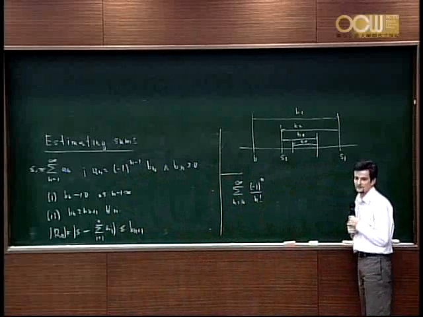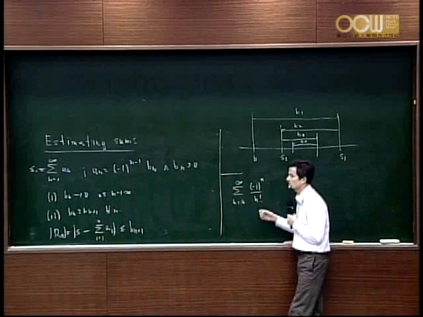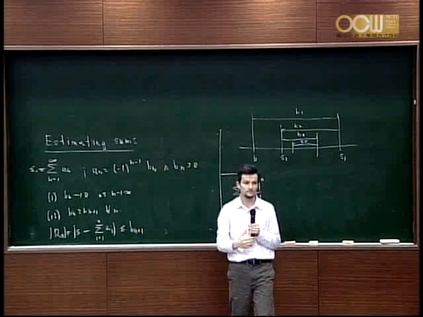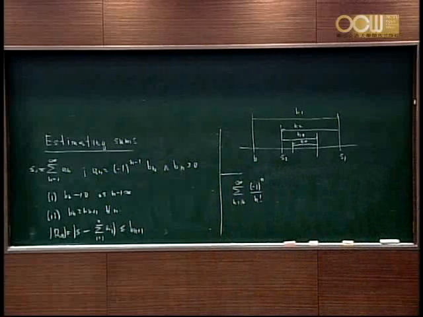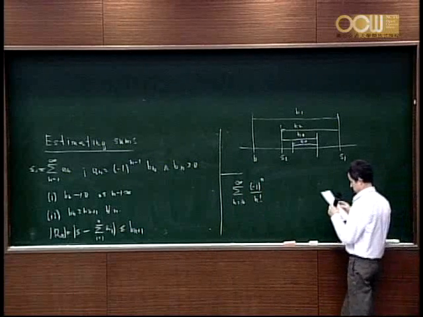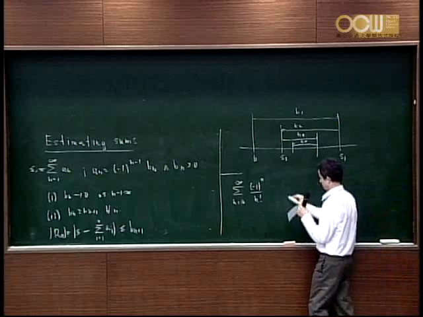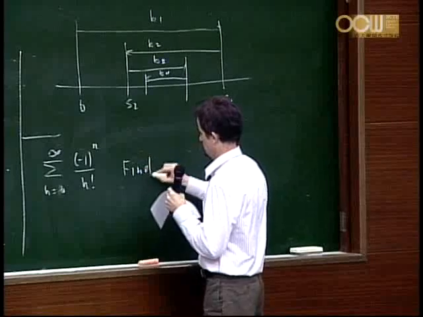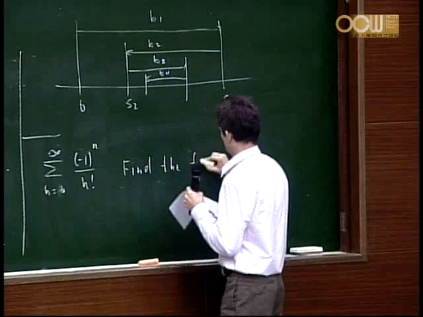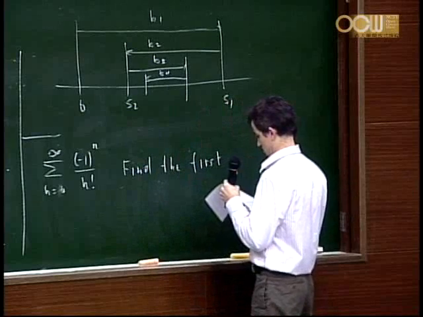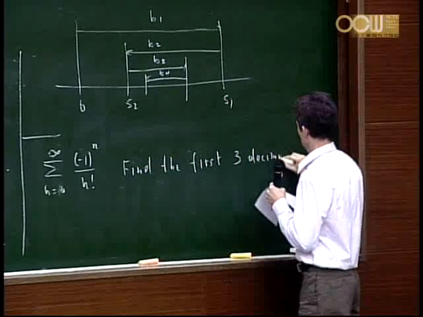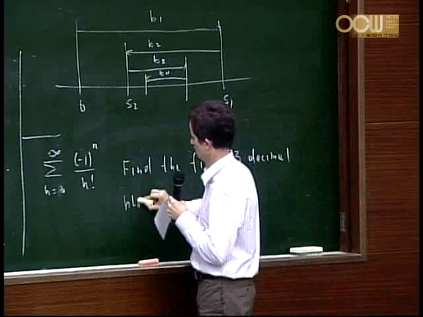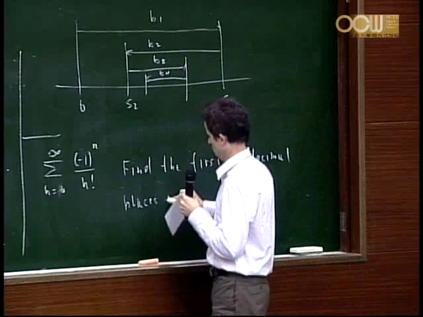If you want to compute the value of this series up to a certain precision, so for instance you want to make the error smaller than, say, find the first 3 decimal places of the sum.